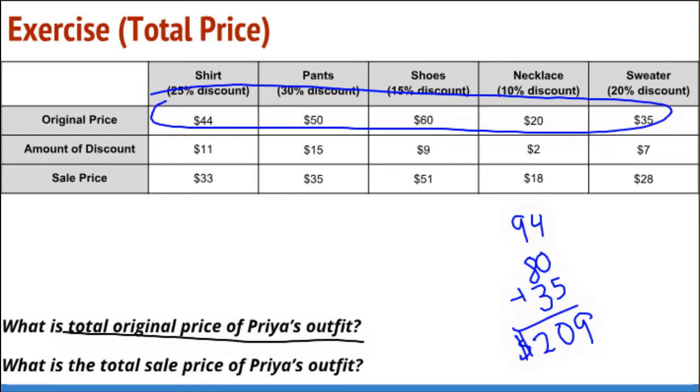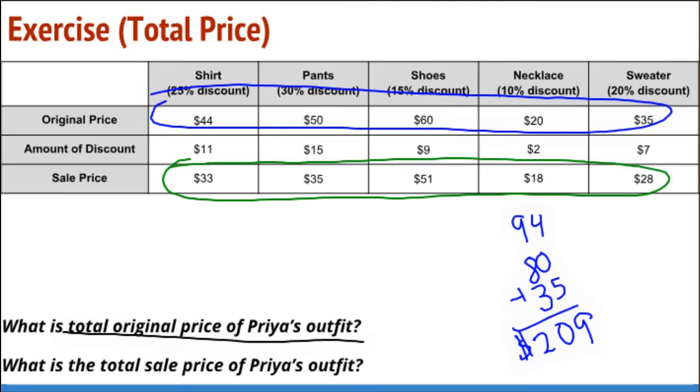But after all of the discounts, which we have oh so carefully calculated, if we total these up, we can find out how much she's paying on sale. 33 and 35 would be 68, and 51 and 18 makes 69, and 28. 8 plus 9 is 17, and 8 makes 25. 6 and 6 is 12, and 4 makes 16.